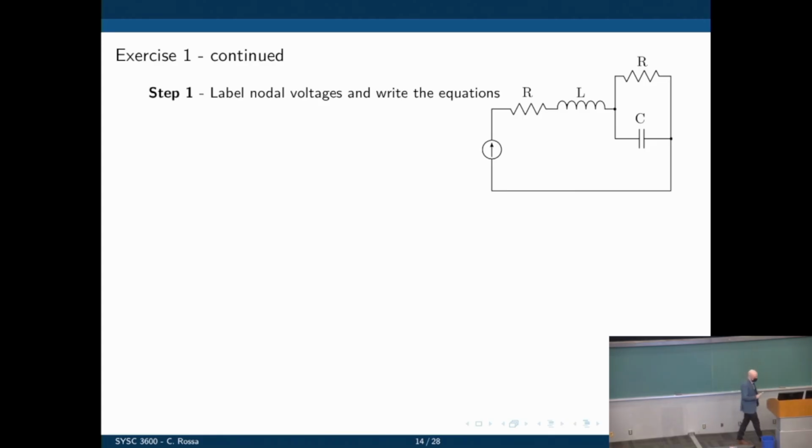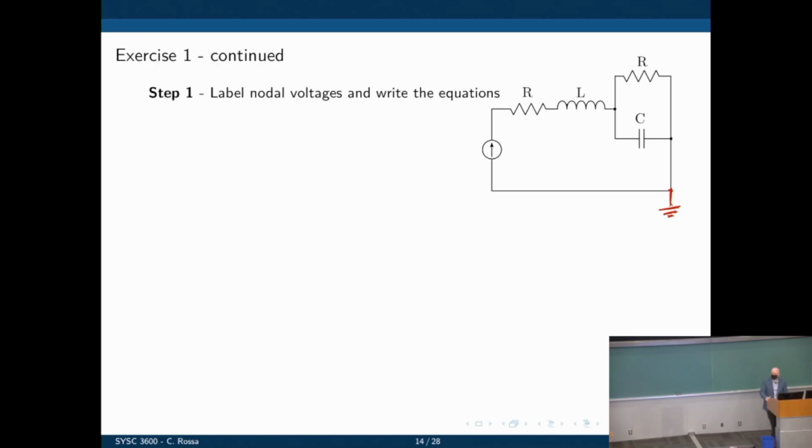Now let's start by assuming that here we have a ground that I should have written there. That's the ground, that's 0 volts. And let's define the nodal voltages. How many nodal voltages are required to completely characterize this circuit?